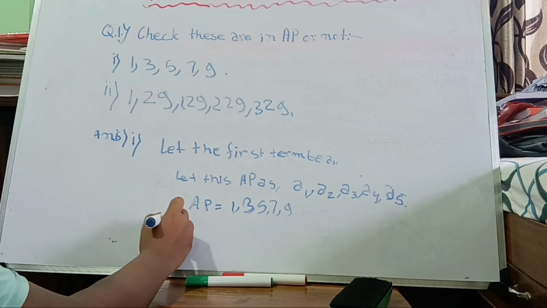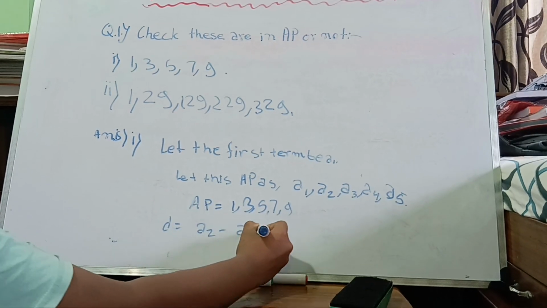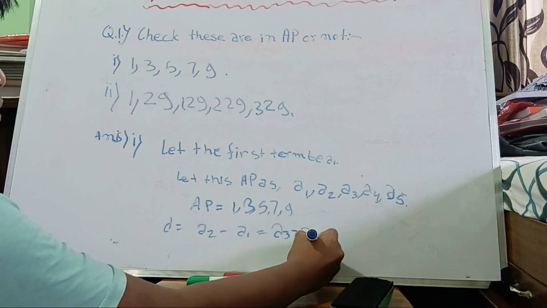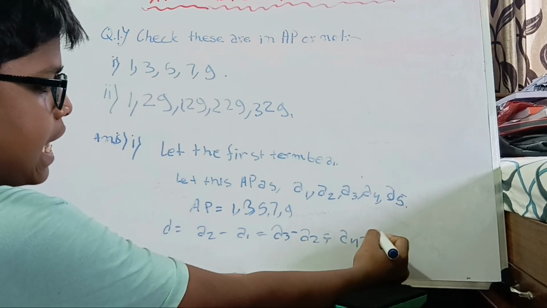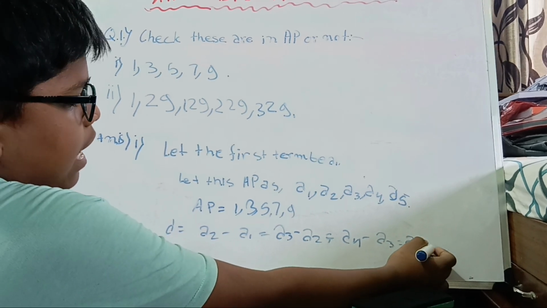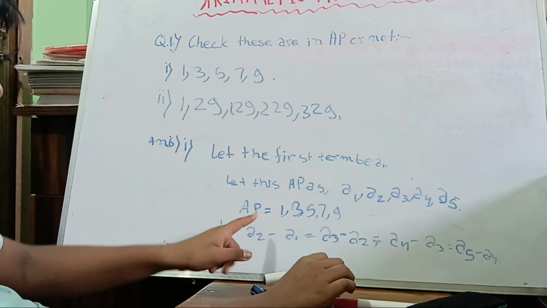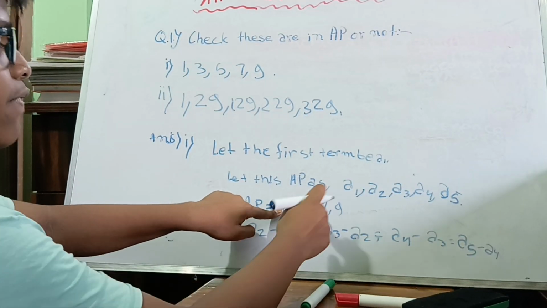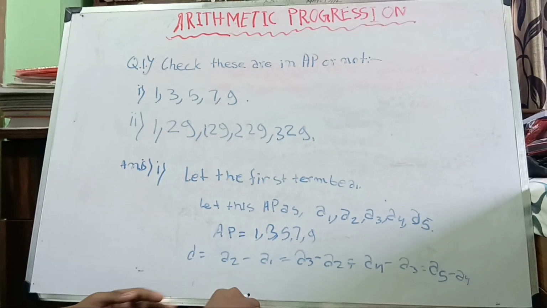So the common difference is d. a2 minus a1 is equal to a3 minus a2 is equal to a4 minus a3 is equal to a5 minus a4. Now according to a1 is 1, a2 is 3, a3 is 5, a4 is 7, a5 is 9, put the values and check.